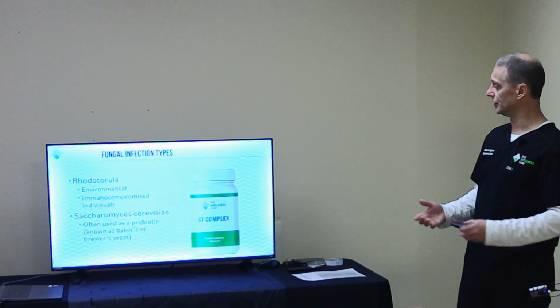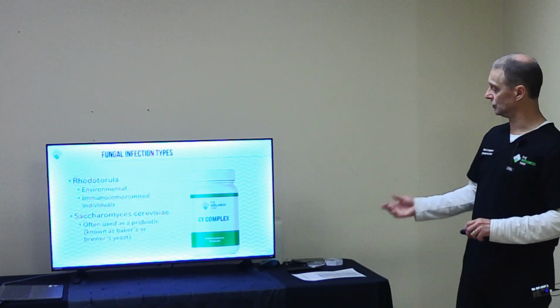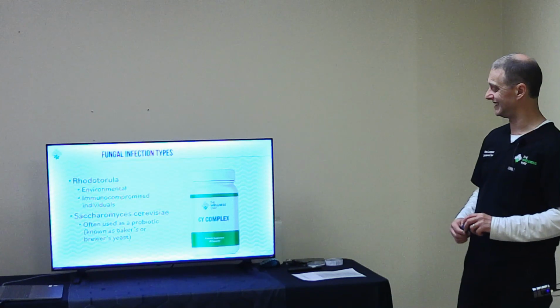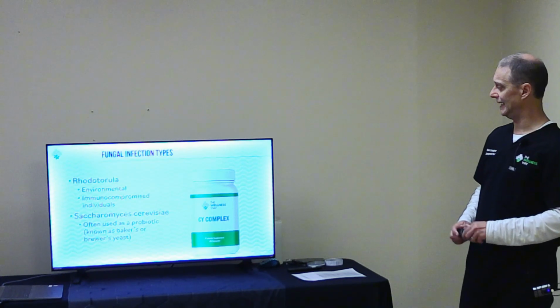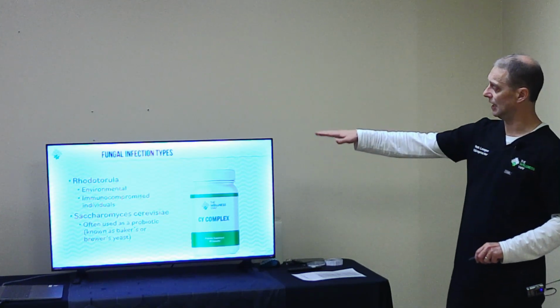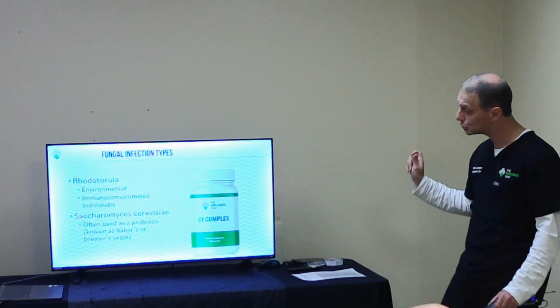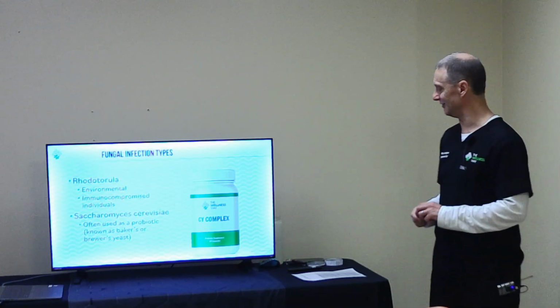So what are some of the ways that we can work against that? The Wellness Way carries something called CY complex, and it helps with some of these, Rhodotorula. That's a tough one.